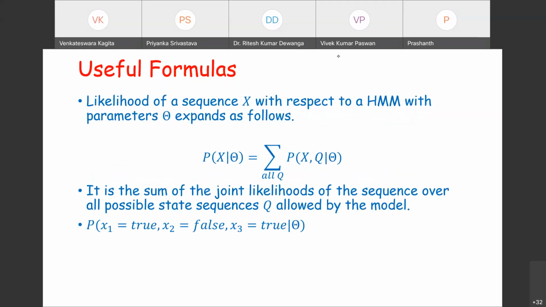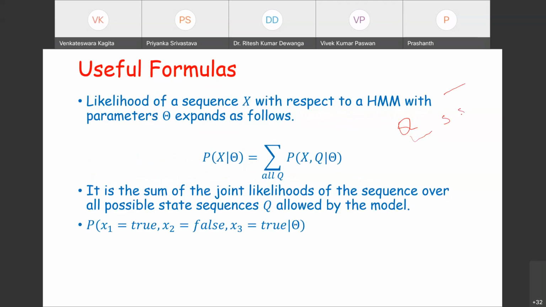And the likelihood of an observation sequence with respect to the hidden Markov model with parameters theta. That means here we do not have any information about the state sequence q. In that case, we have to consider all the possible sequences for q. Suppose 3 days are there. What are all the possible sequences?